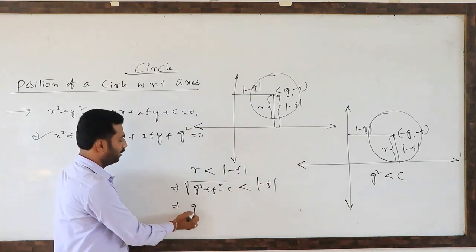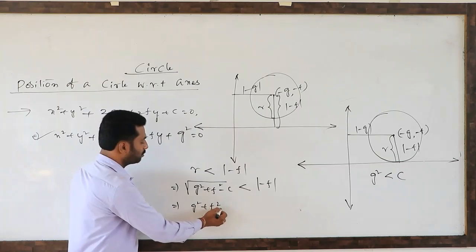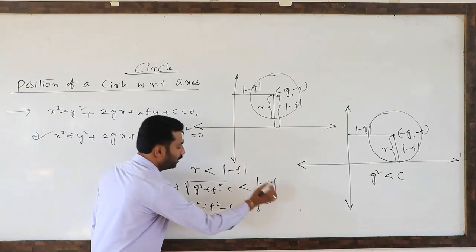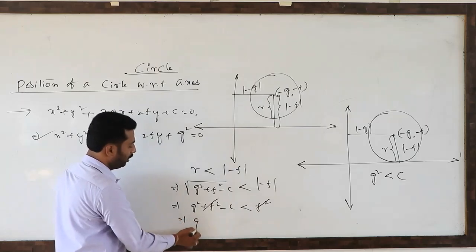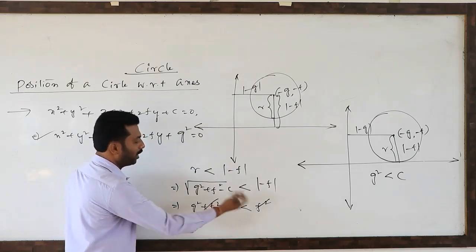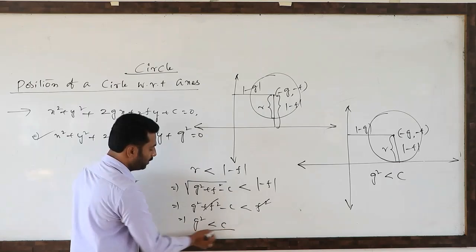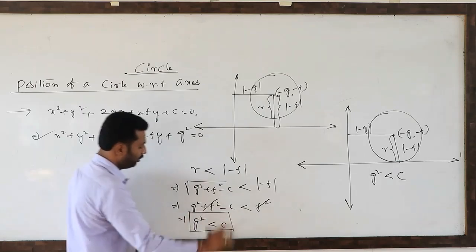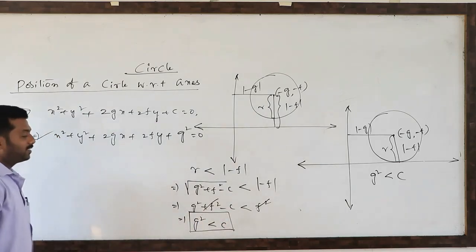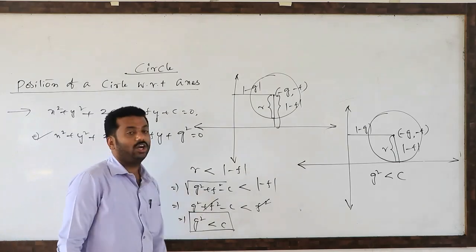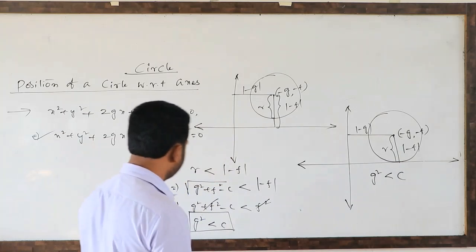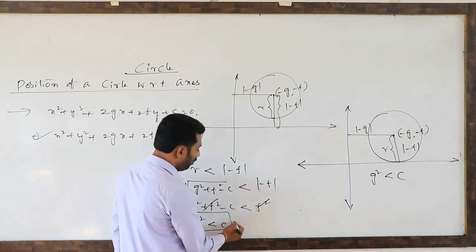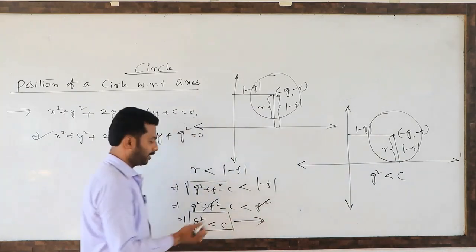Squaring on both sides, g² + f² − c < f². So f² cancels, and finally g² < c. You remember, g² less than c means it neither touches nor intersects.